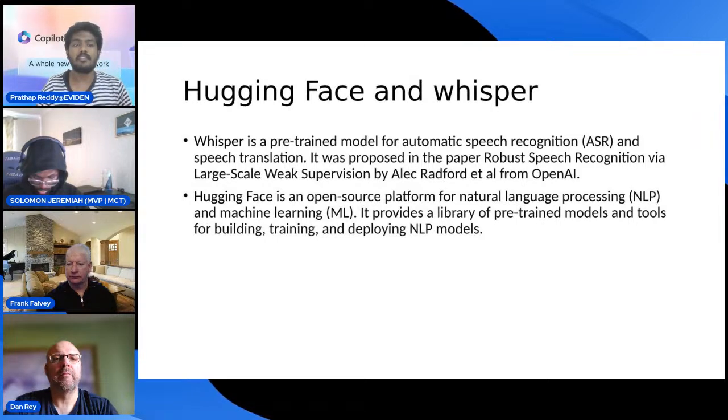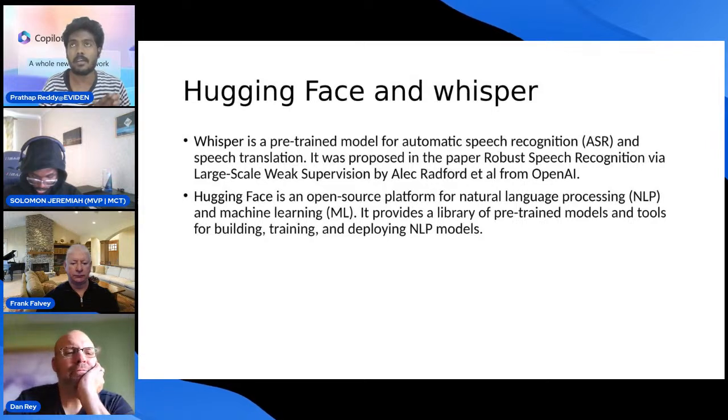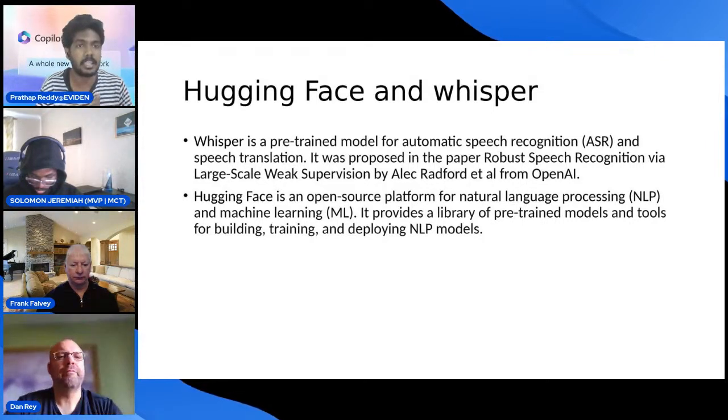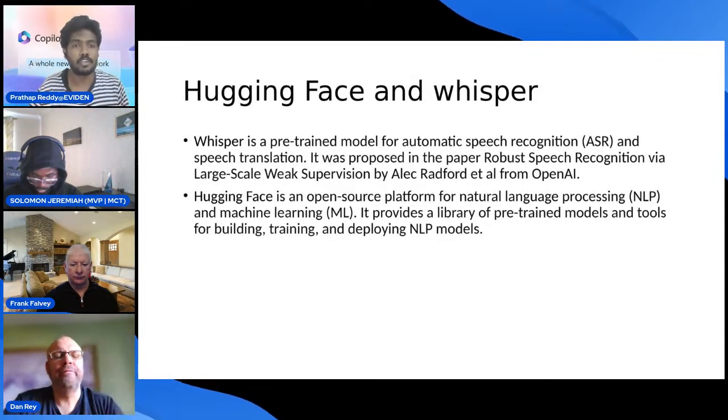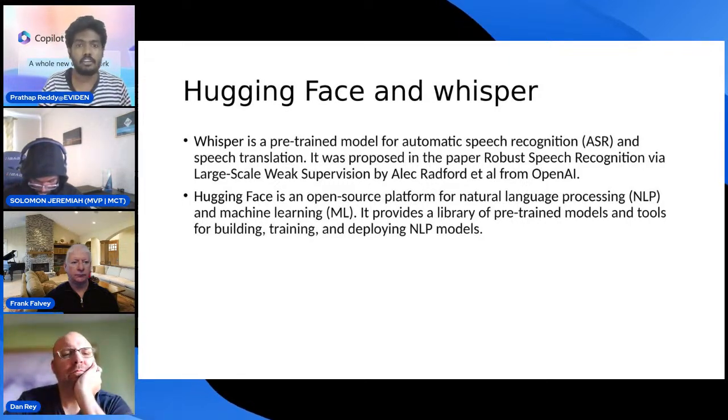The Hugging Face and Whisper are two different models. With Hugging Face, you need to deploy any model. For example, you need to build and train the model in the ML model, then deploy it into the Hugging Face model, or we have the Azure OpenAI Studio. We also need to develop any Whisper model.